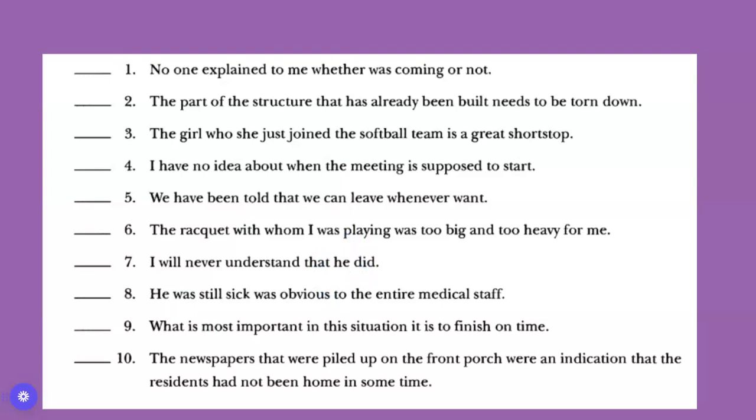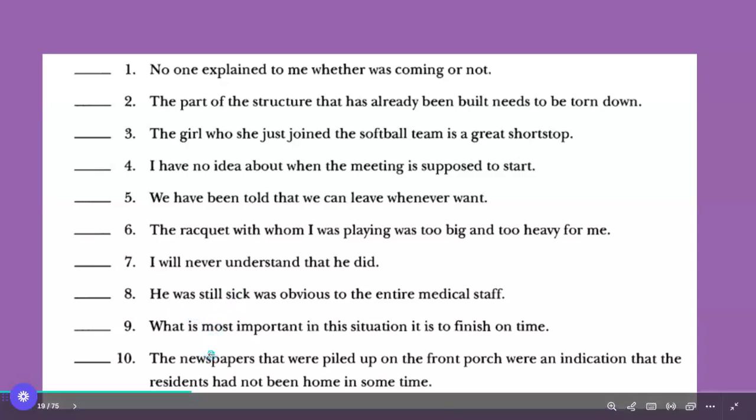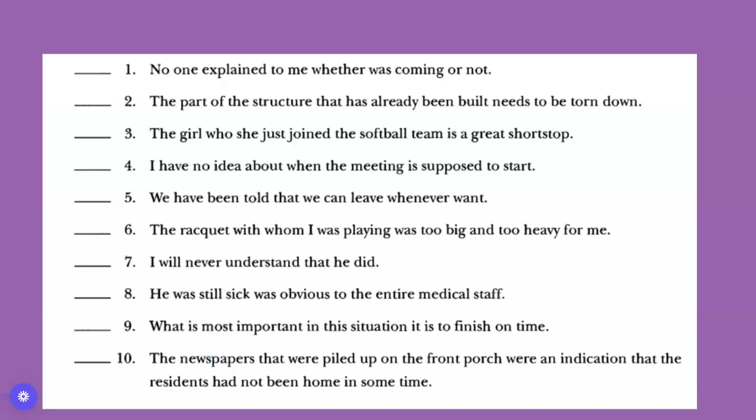The connector that we can use here is that. That he was sick. Yes. Number 9, if I read it, it doesn't make sense. That's right. If you read it aloud and something's missing, something's wrong.